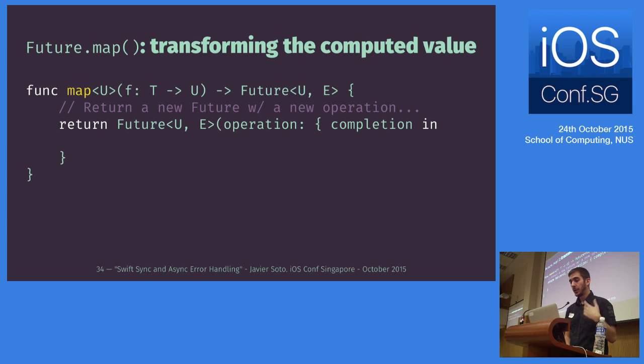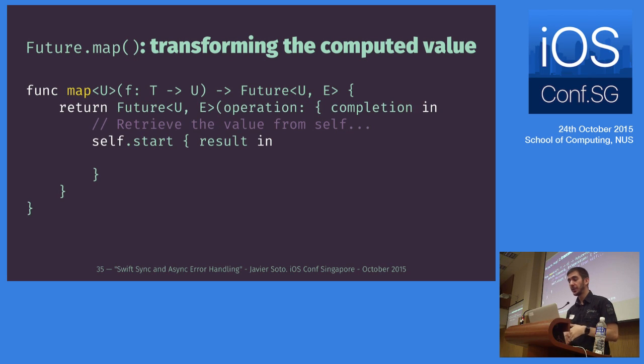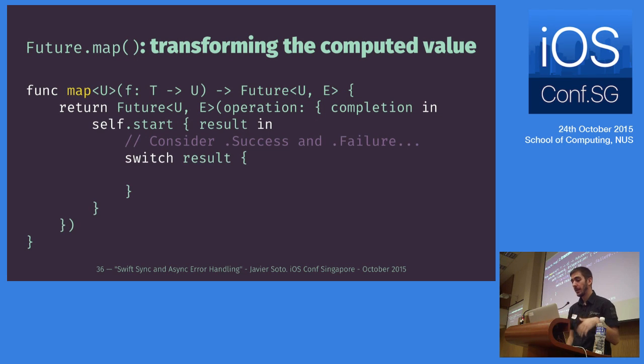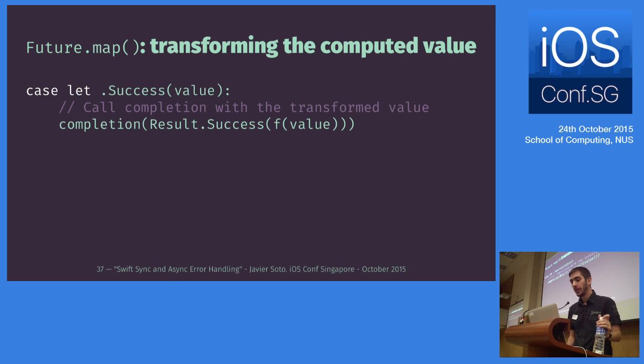So we could create a new future. And the work that this future is going to do is it's going to start the previous future whenever the value is asked for. And when we get the result, we have to check if it's a success or failure. So we switch on the result. If it's a success, then we call the completion block.